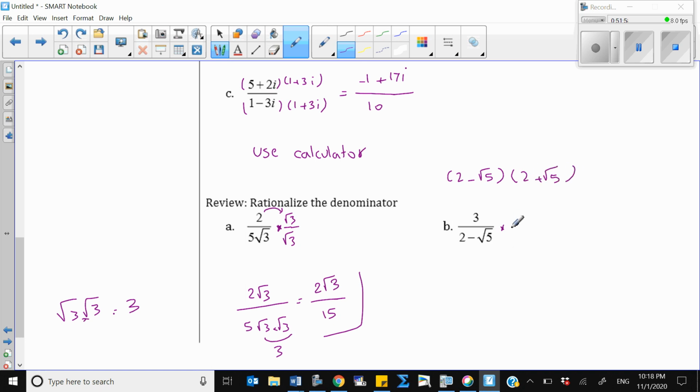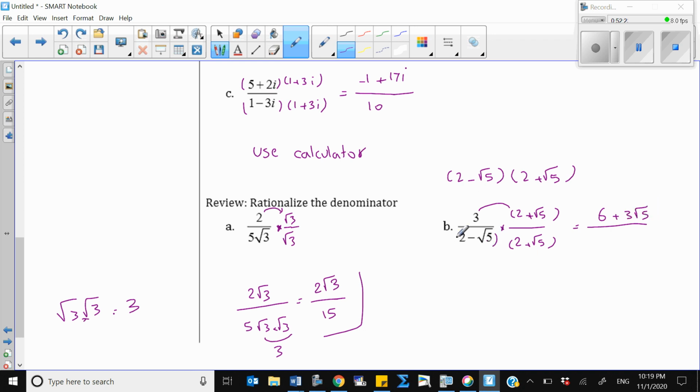So you multiply both top and bottom by 2 plus radical 5. The top is going to be easy for us to multiply: 3 by 2 is 6, and 3 by radical 5 will be 3 radical 5.